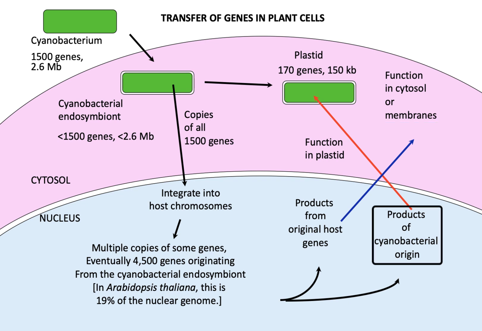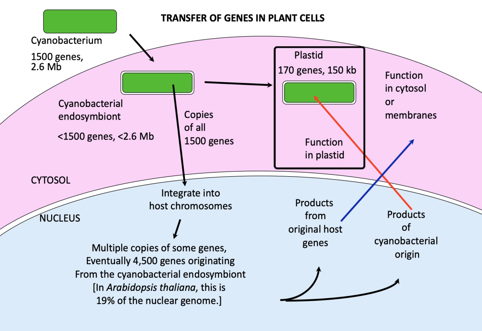Also, products from the cyanobacterial origin, those RNAs moved out into the cytosol, and those were translated on cytosolic ribosomes and then were imported into the plastid for their function.